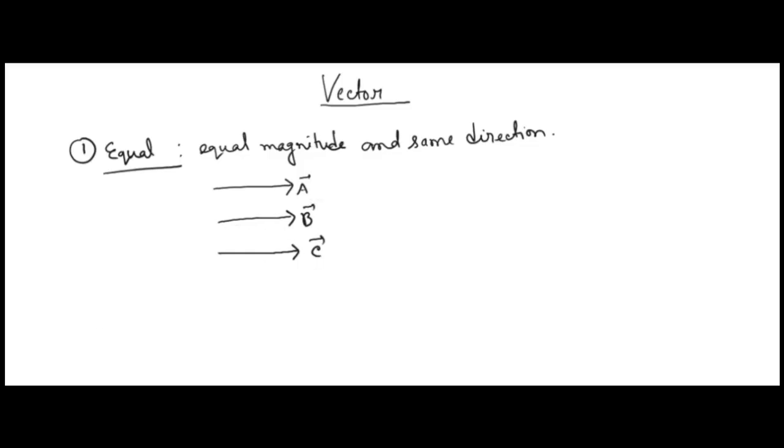So now the second type of vector, negative vector. The vectors having equal magnitude but opposite direction.